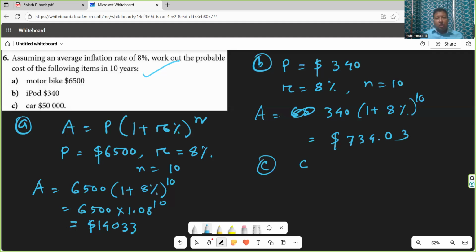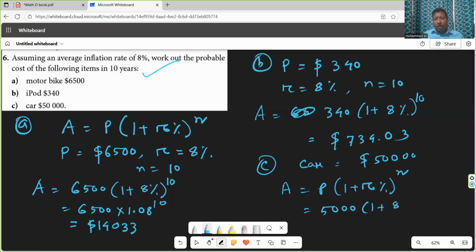the car cost is $50,000. So amount equals P(1 + R%) to the power N. So the principal is here 50,000. 1 + 8%, N is 10 here.